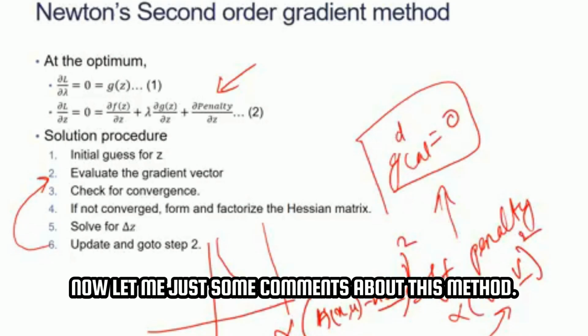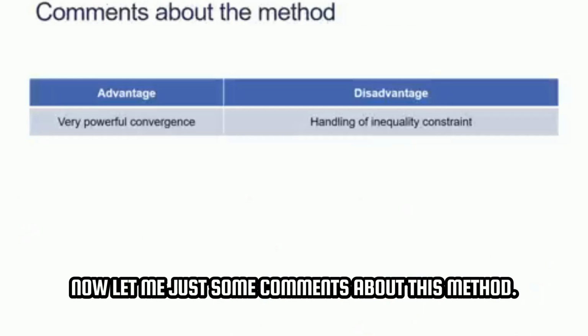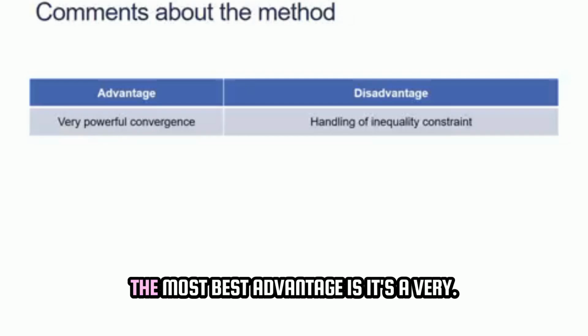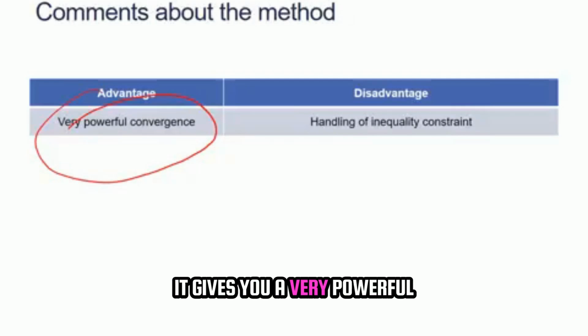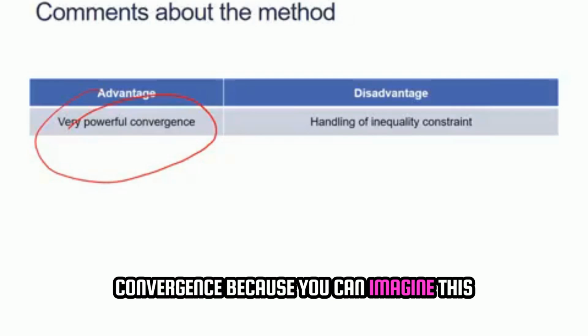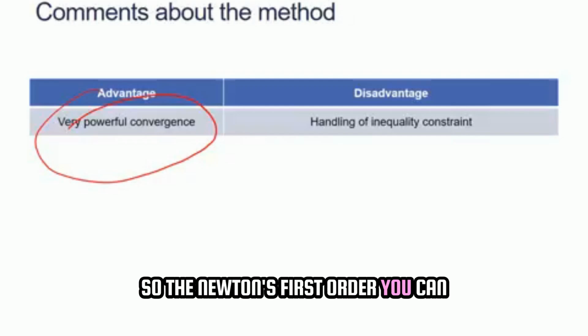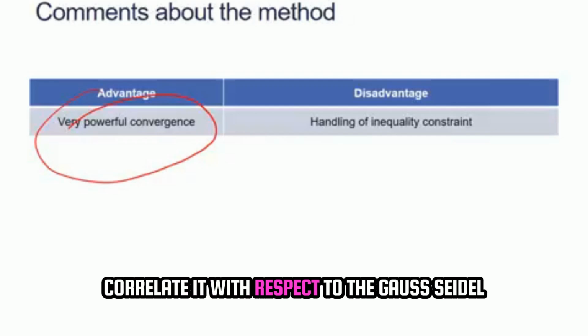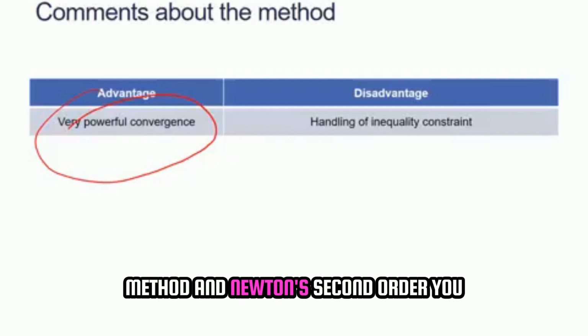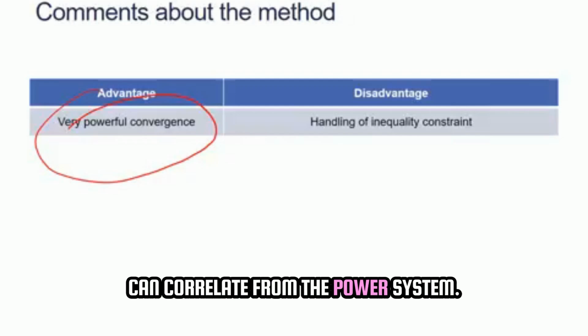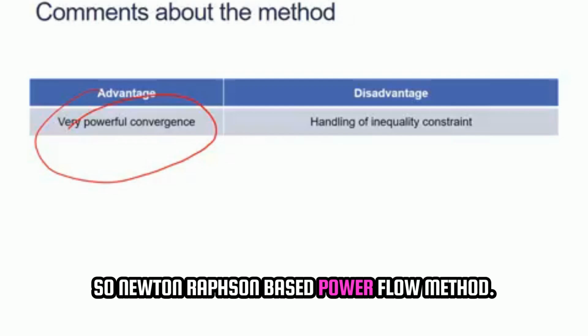Now let me go to some comments about this method. The best advantage is that it gives you very powerful convergence, because you can imagine this is very similar to power flow. Newton's first order you can correlate with the Gauss-Seidel method, and Newton's second order with the Newton-Raphson based power flow method.